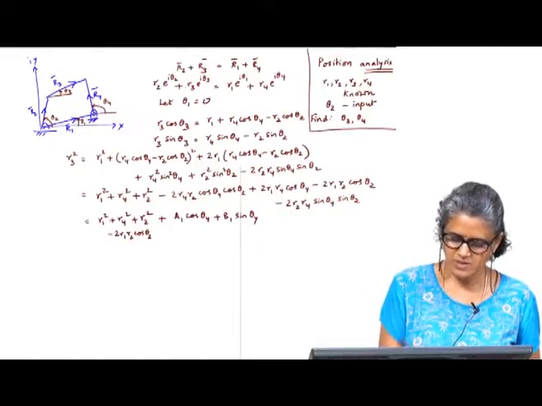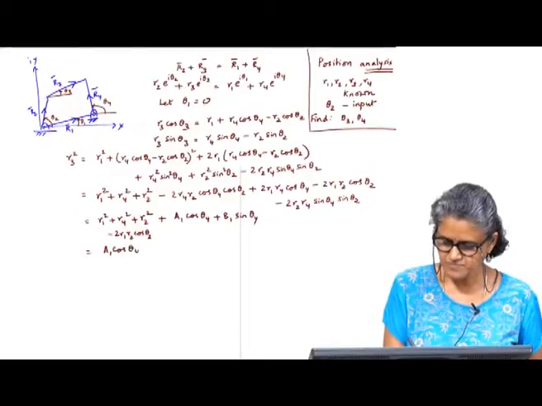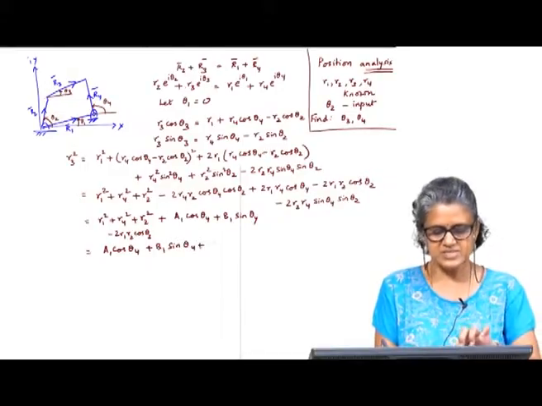So, I can say this is equal to a1 cos theta 4 plus b1 sin theta 4 plus c.